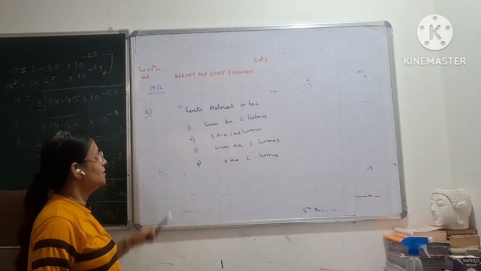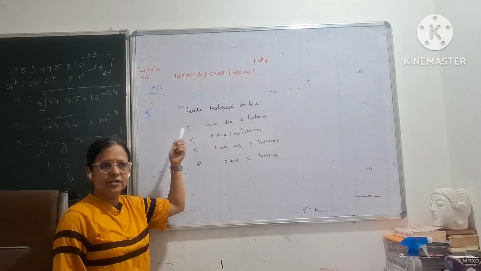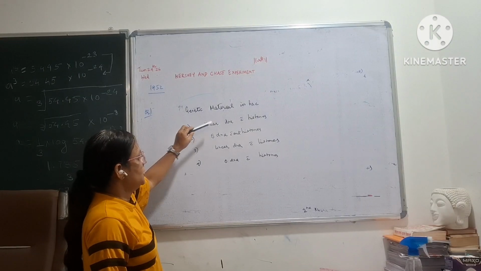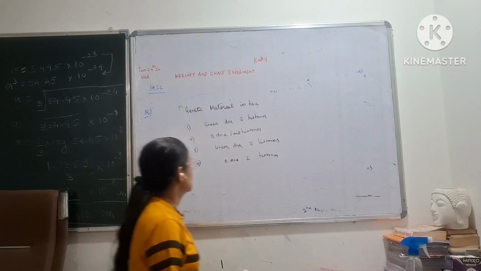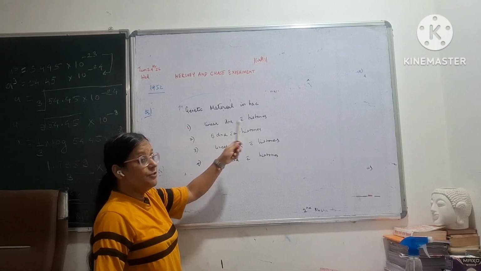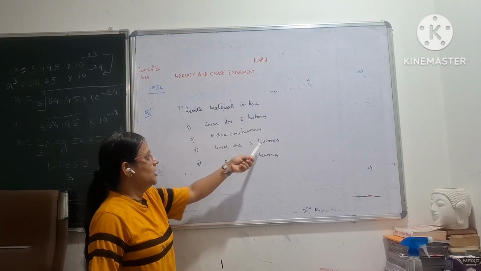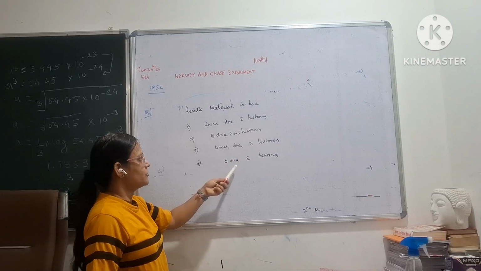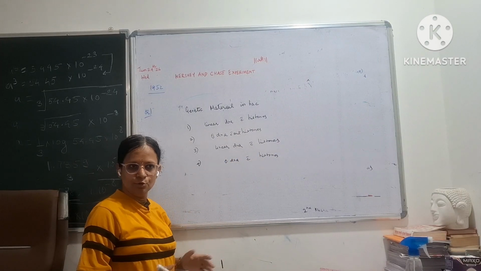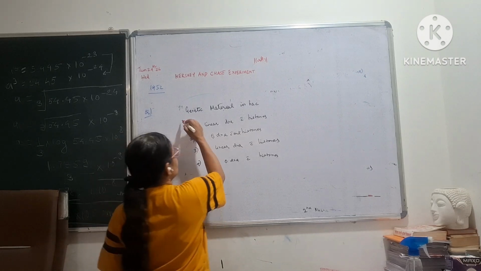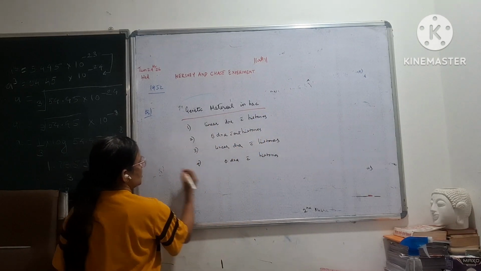Now they have asked, what is the genetic material in bacteria? Options given are linear DNA with histones, double-stranded DNA without histones, linear DNA with histones, and circular DNA with histones. Now, first of all, genetic material in bacteria.